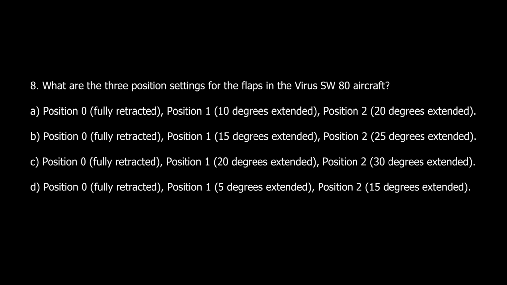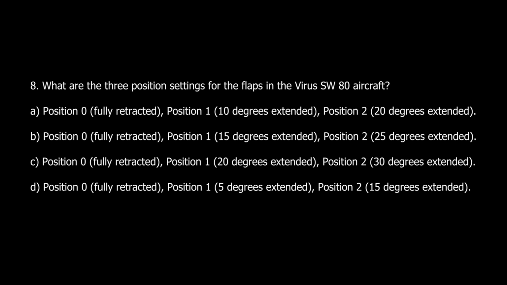Question number 8. What are the three position settings for the flaps in the Virus SW-80 aircraft? A. Position 0, fully retracted, position 1, 10 degrees extended, position 2, 20 degrees extended. B. Position 0, fully retracted, position 1, 15 degrees extended, position 2, 25 degrees extended.